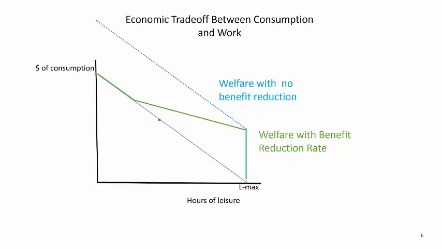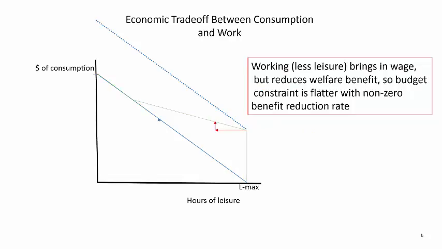For comparison, the graph shows the simpler welfare budget constraint we just considered without the benefit reduction rate as the dotted blue line. With the benefit reduction rate, however, as soon as an individual begins to work and earn income, the benefit is reduced. This means that an hour of work no longer increases income by the full amount of the wage.